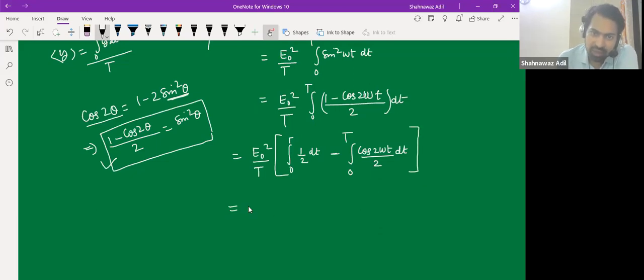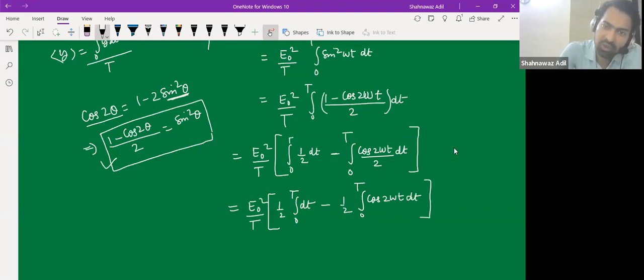So first, we take the integral of this one, E naught square by T, and 1 by 2 is constant, so it is taken outside, and we are taking the integral of dt. So this would be t, right? And half is outside, and integral of cos 2 omega t dt.